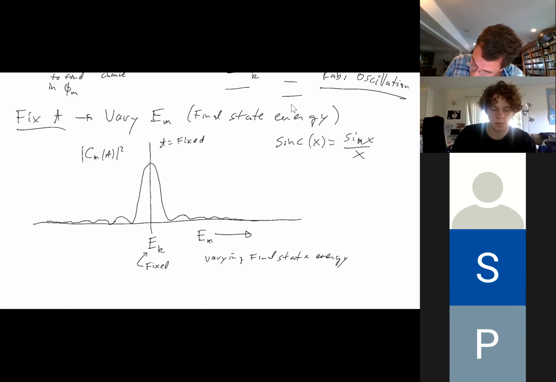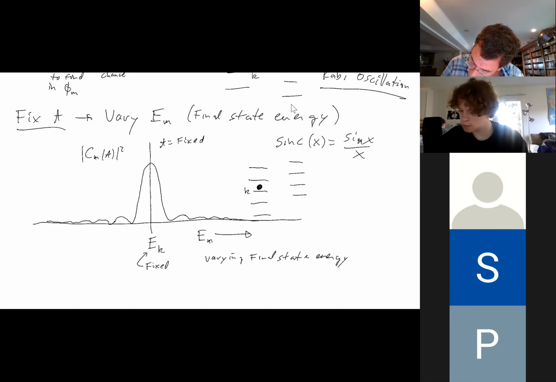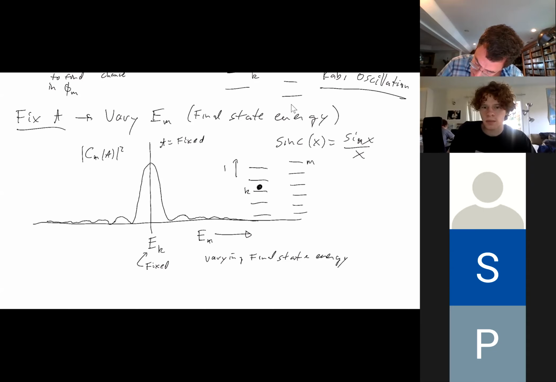Because look, we're starting in the kth state with some probability amplitude, and we're looking at some mth state here. And this is energy.